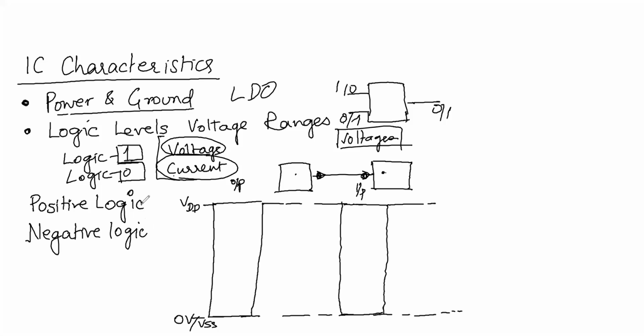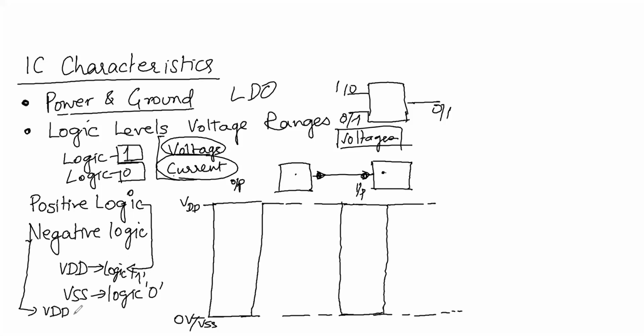In positive logic, VDD we say is logic 1, and VSS we say logic 0. Whereas in negative logic, higher voltage is taken as logic 0 and lower voltage is taken as logic 1.